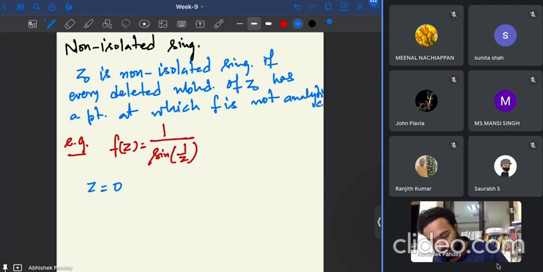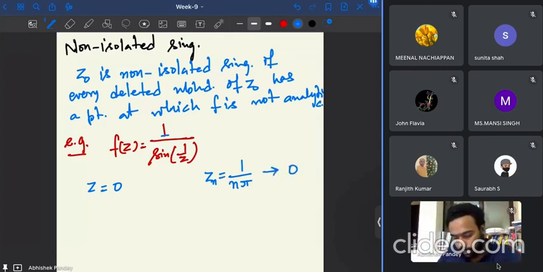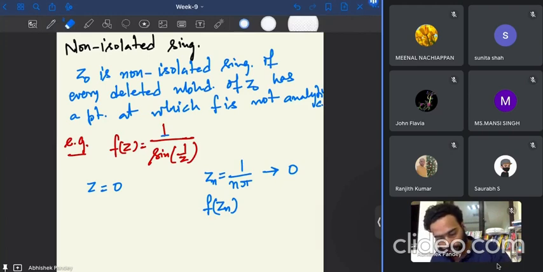If you take z_n equals 1 upon n pi, this tends to 0. And at this point, f of z_n is what? Since z_n is 0, sin is 0, so this is basically infinity. So at this point f is not analytic.